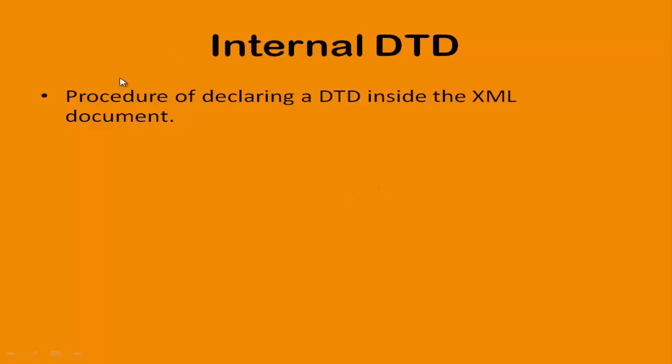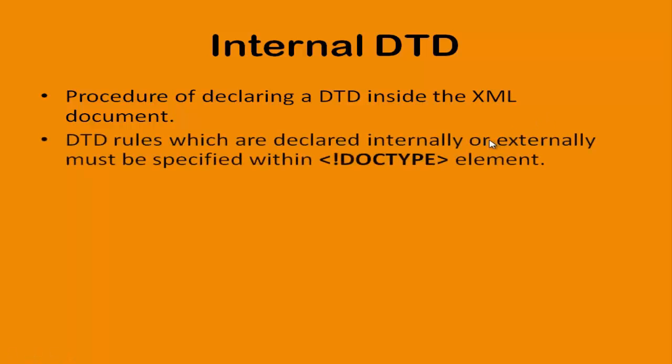So the procedure of declaring a DTD inside the XML document is known as internal DTD. The DTD rules, which your XML content must follow, whether internal or external: each and every DTD must start with the doctype declaration, which we'll see in our examples in upcoming slides.